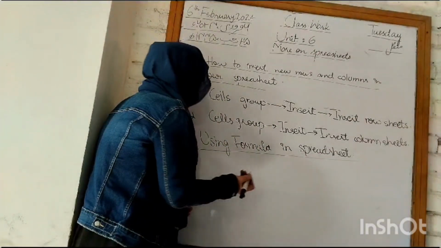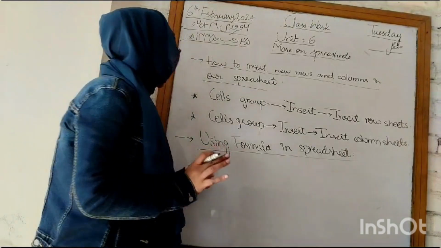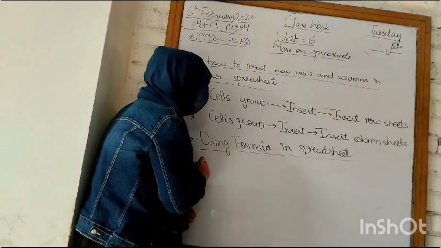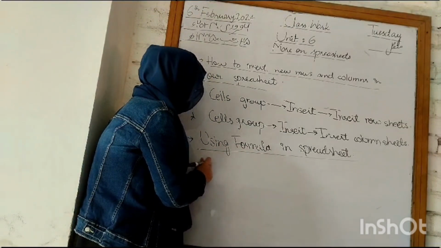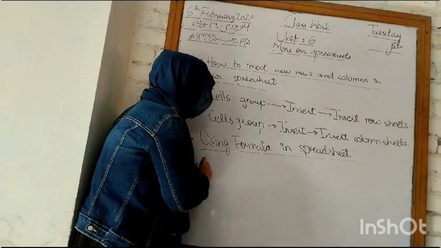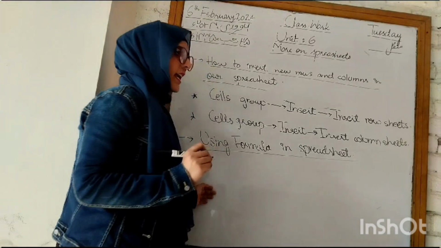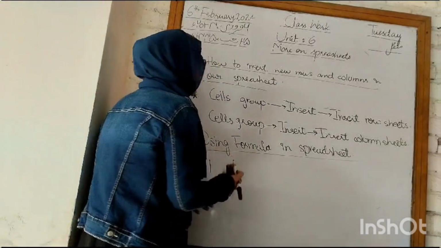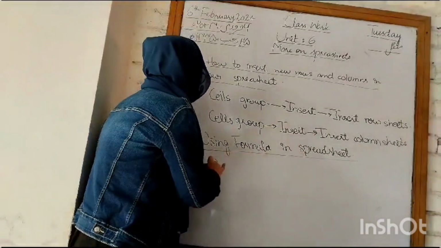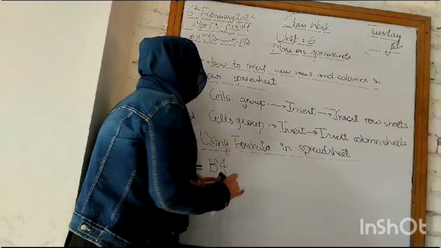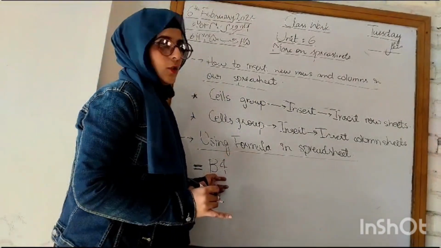So I will give you an example. First thing that you have to keep in your mind is that the formula will always start from the equal to sign. Then if I want to add the cell number B4, B4 means B is the row and 4 is the column.